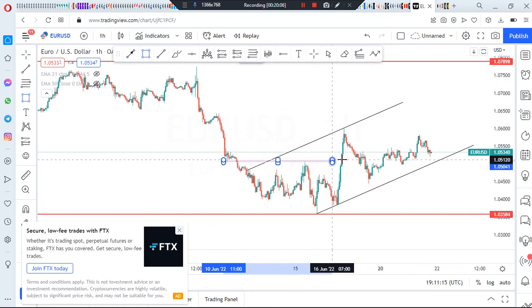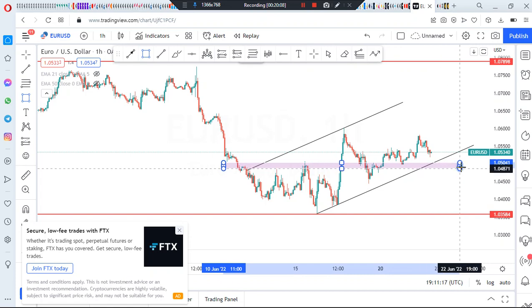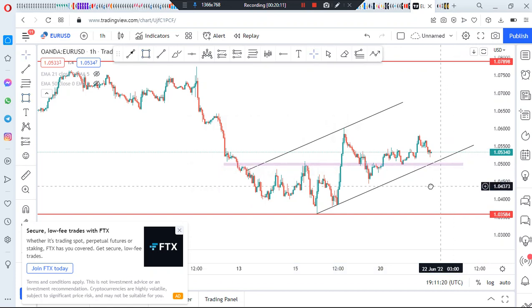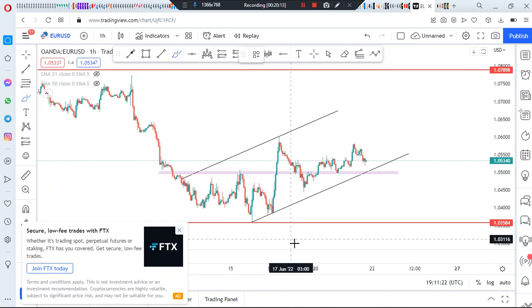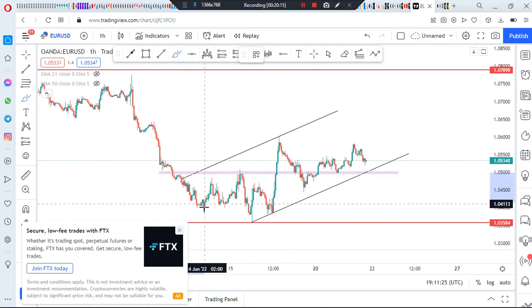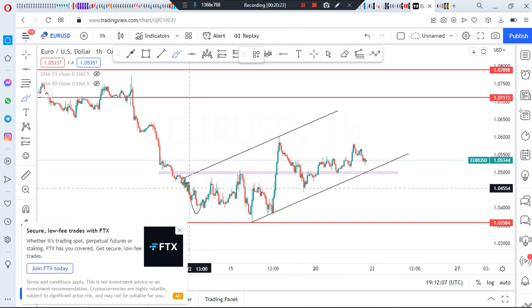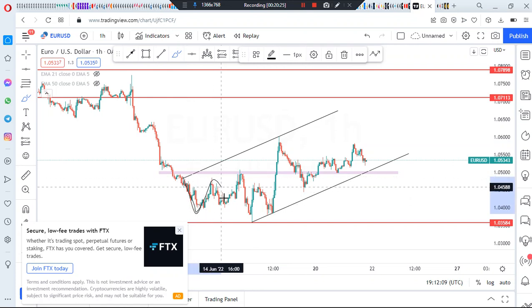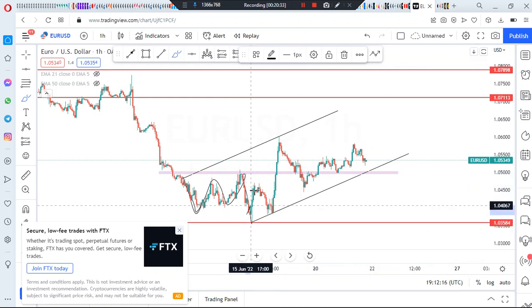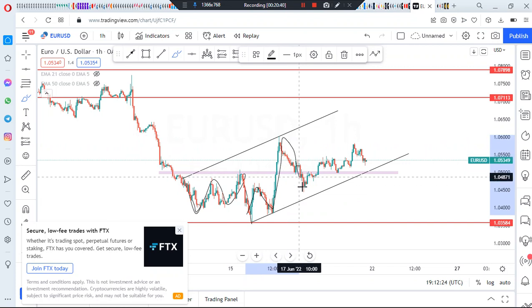I can use this rectangle, put it around here. So what do we see on this trend? The trend broke below. It broke below, went up, retested, touched this area, got rejected, came down, so it was supported by this line below here, went up, got rejected on this lower trend line, went up, went down again, went up.